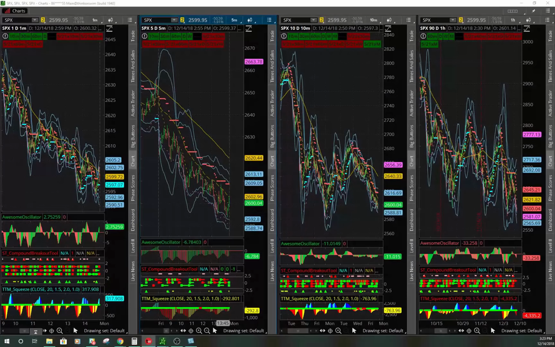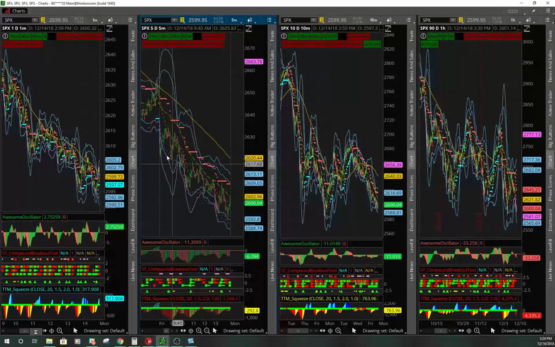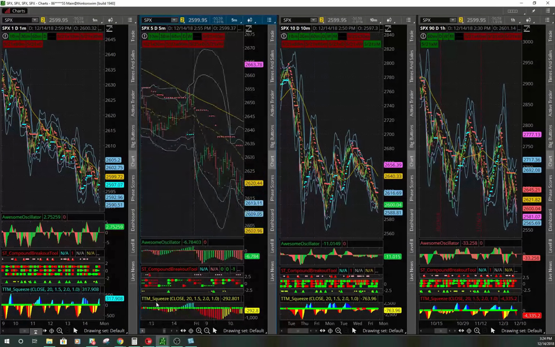Okay, so yesterday, around 2:10, going into the close of market, this is Friday, so I need to zoom in on Thursday. So going into the close of market here, we are starting to get some choppy signals.